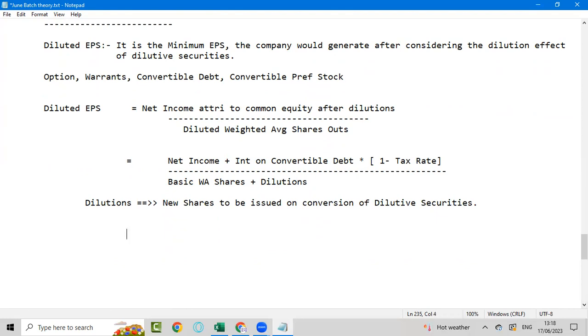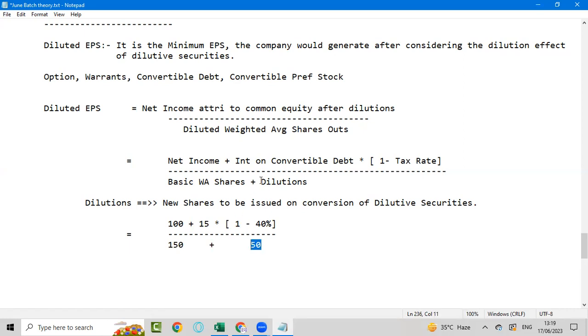Now, net income is how much? 100. How much interest should we add? Let's say 15. These are just assumed, random figures, into 1 minus 40% tax rate, divided by basic weighted average shares 150, which we have taken from above, and I am assuming that this will be 50.